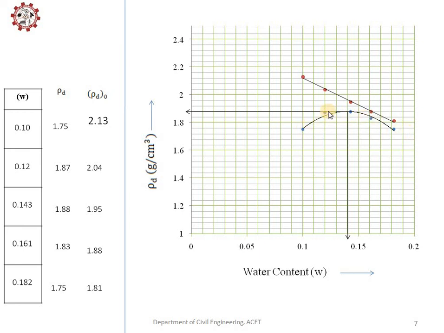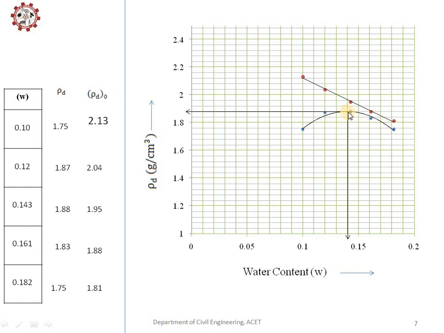You need to draw a smooth curve through these. Whether the points fall on it or not, you need not worry, but you have to draw it in such a way that your peak point is covered. Here your peak point is 1.88, so we have drawn the curve like this. These 2 points are not coming on the curve, so you can leave them. Then you have to take a tangent to this curve and project it on the gamma D axis, and this will give you the maximum dry density, gamma D max.